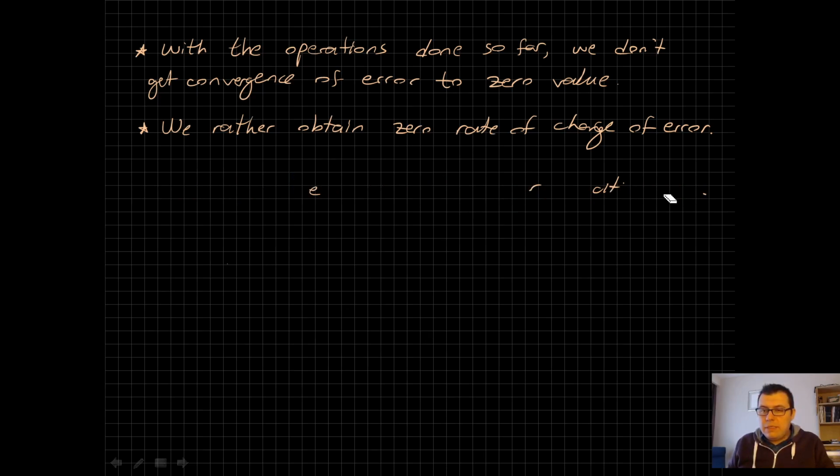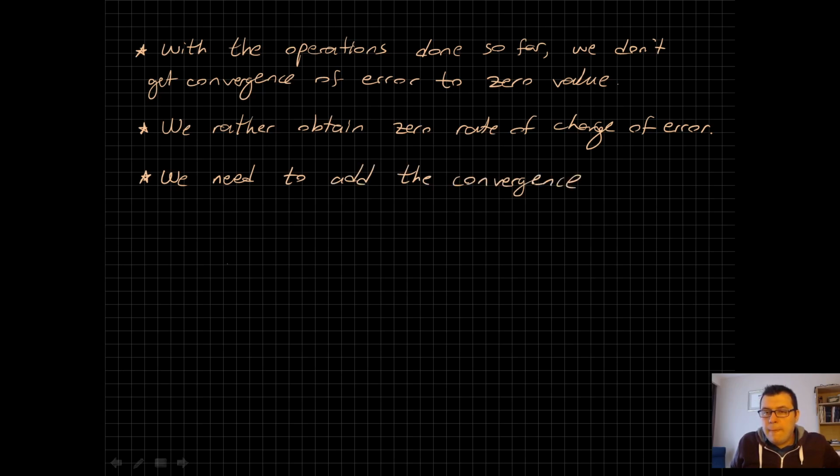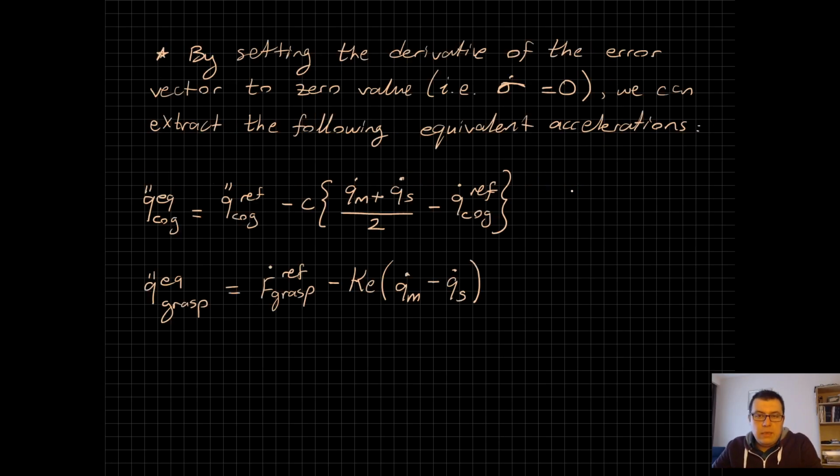Before giving the dynamics, let me also define the convergence term, and then we will have the dynamics of the system. So what we need is to add the convergence. If you look back here, none of these equations take direct position feedback from the system.